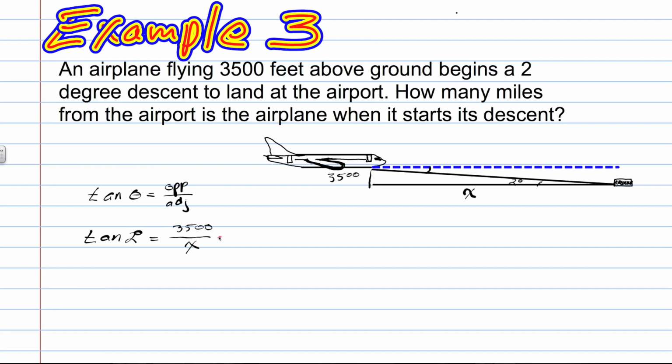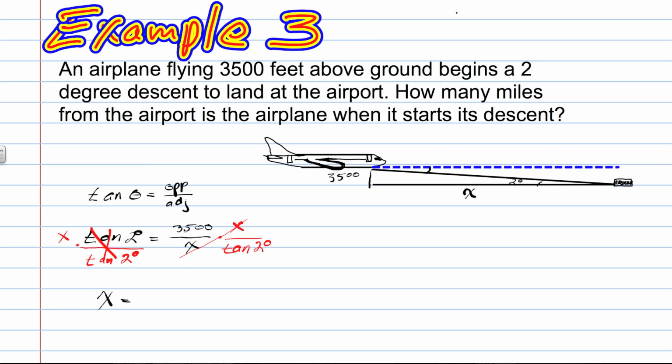We're going to multiply each side by x, and we're going to divide each side by the tangent of 2. And what happens here is that on the left-hand side, the tangents of 2 cancel, and on the right-hand side, the x's cancel.